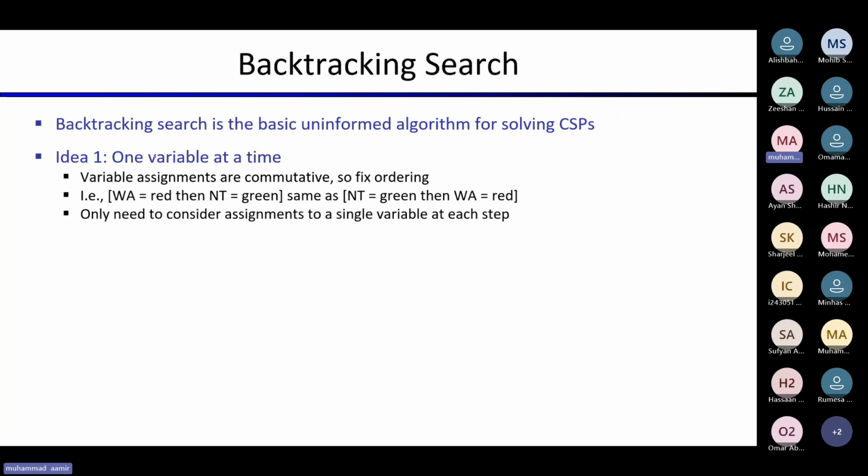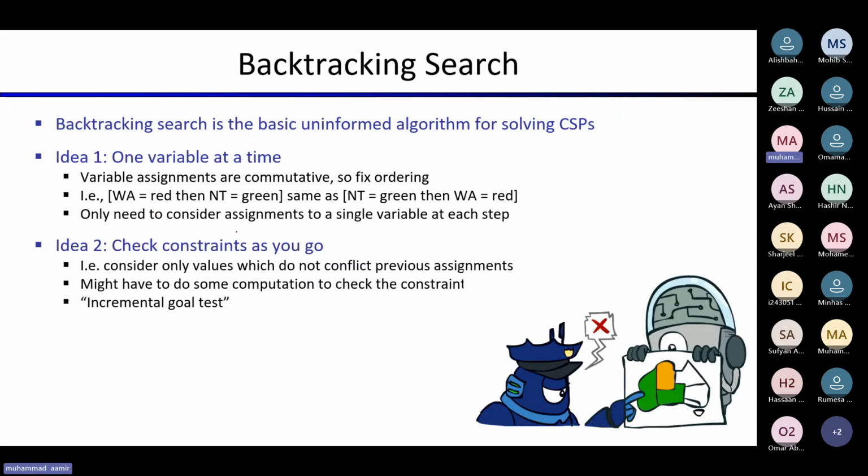So the idea to implement the backtracking search is that we should assign one variable at a time, and when we are assigning a value to one variable at a time, we need to check that the assignment is consistent. We will see this next. The second idea is to check the constraints as you go.